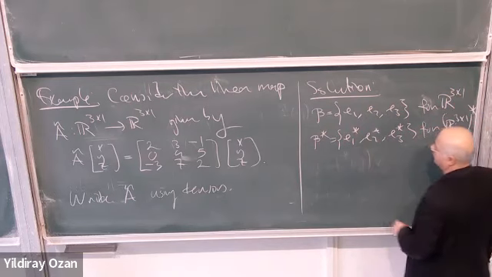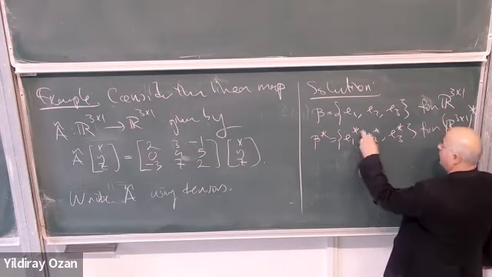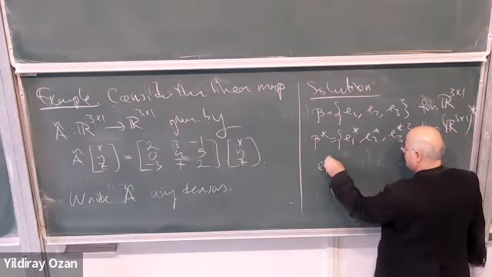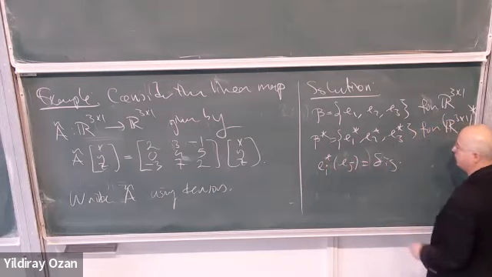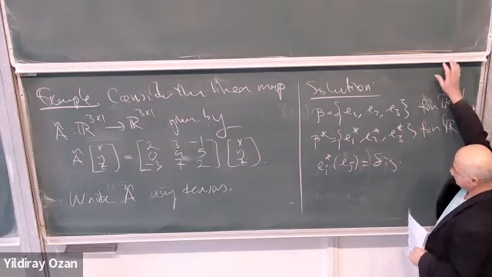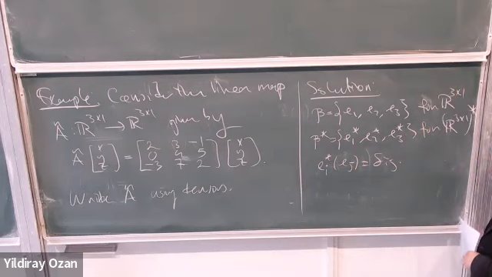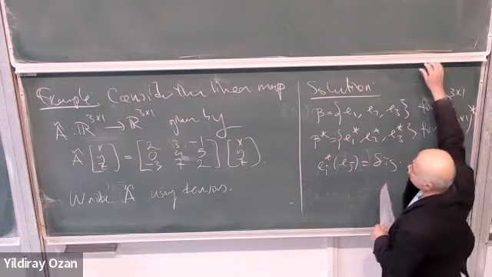As usual, Ei star evaluated on Ej is equal to delta ij. Okay. All right. Şimdi bakalım nasıl yapacağız bunu.